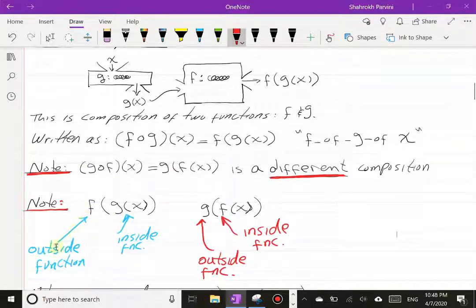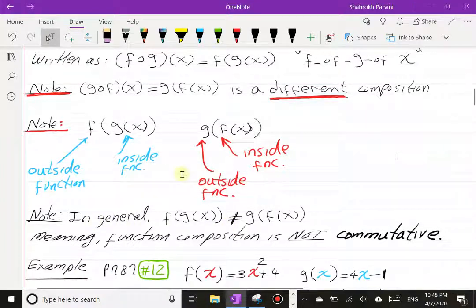And f is the outside function. So we have outside and then we have inside. G is nested within f. Right next to that, we have g of f of x. So f of x is the inside function, and this time g is the outside function.